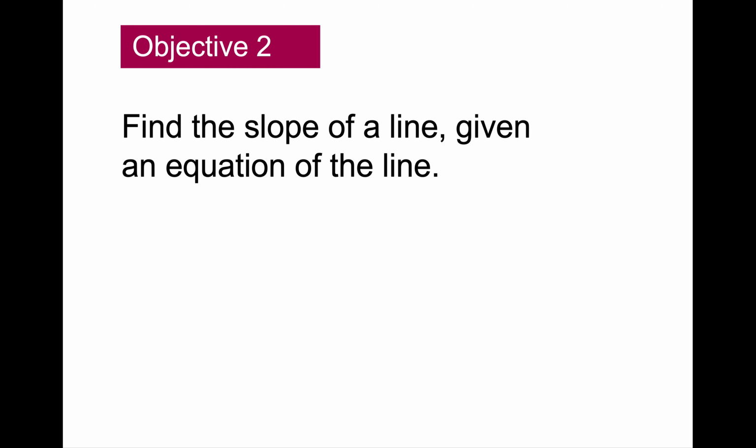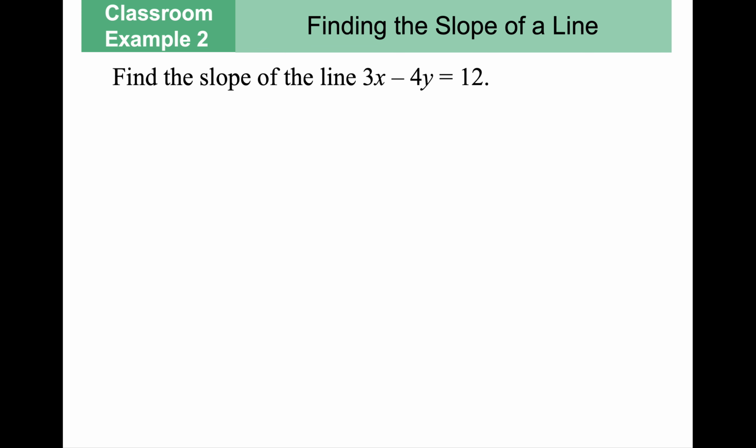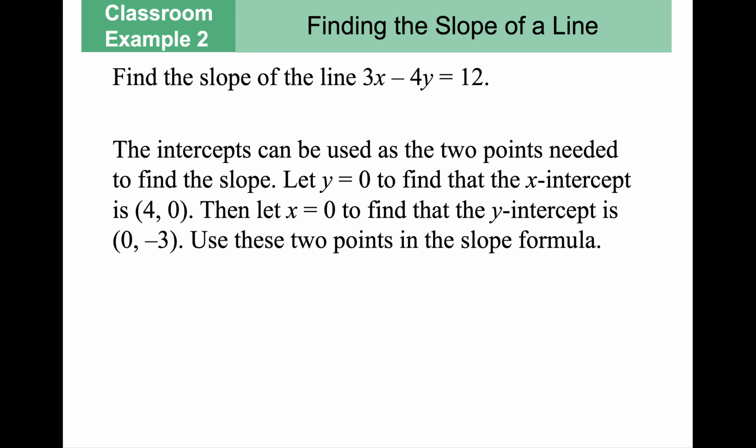Now, how are we going to find the slope if we're given an equation? So this would be a different type of problem. So let's say we're given an equation like this one, 3x minus 4y equals 12, which we learned previously is called standard or general form. If I want to do that, I can find the intercepts of this equation and use those 2 points in the slope formula.